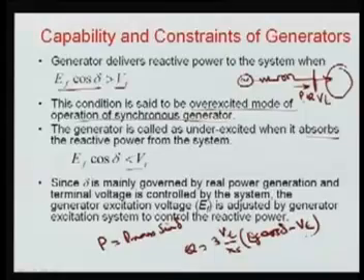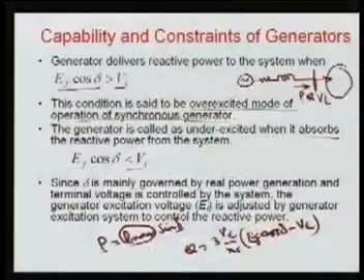So this delta is the governing criterion for the real power. Why? Because this P max depends on the multiplication of the terminal voltage and the excitation voltage, so we have a limitation on the terminal voltage as well as the excitation voltage.